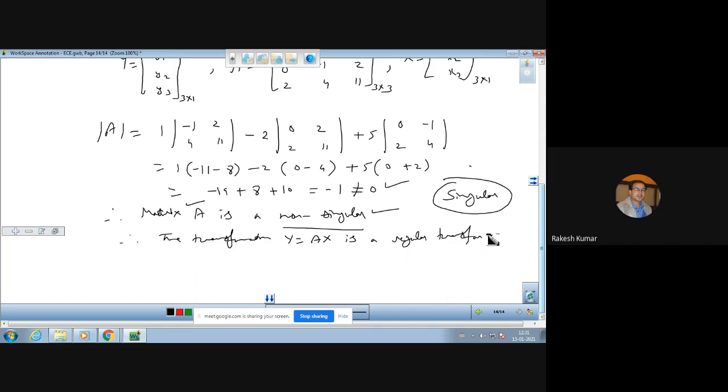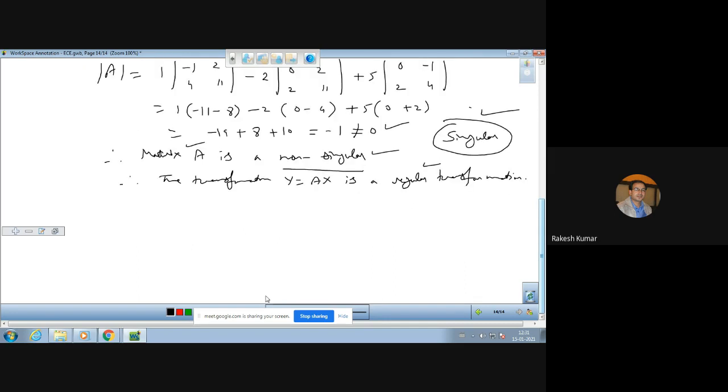This is the way by which we can find out whether the transformation is a regular transformation or not. And whenever it is a regular transformation, we can find the inverse transformation. And whenever it is not a regular transformation, meaning the matrix A comes out to be a singular matrix, then in that case we will not be able to find the inverse transformation either.